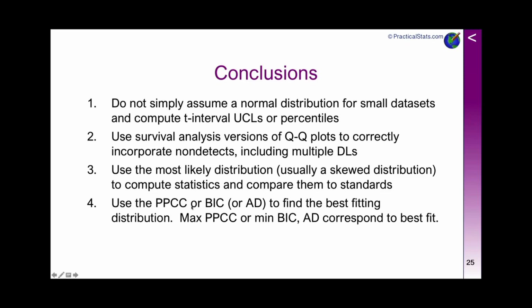Minitab certainly has PPCC and the Anderson-Darling. I bet that you could get the BIC out of it, or at least the components that make up BIC. In R, all of these are possible to print out. So you'd pick the maximum PPCC or the minimum BIC and the minimum Anderson-Darling AD numerics to get the best fitting distribution.